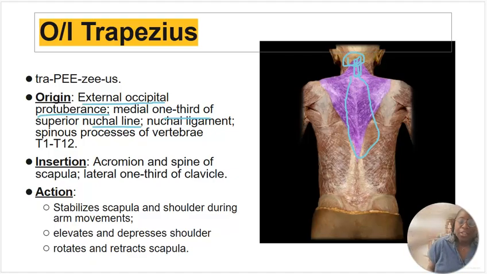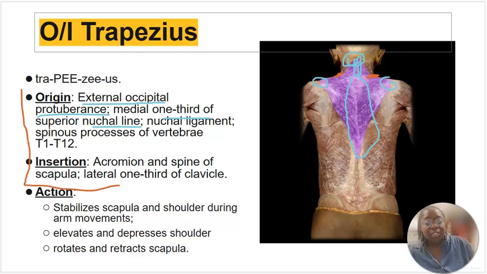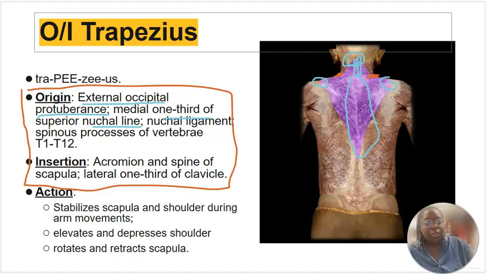And so the insertion is going to be the acromion and spine of scapula, going out this way, as well as the lateral third of the clavicle, which is seen on the anterior side, but just along this axis here. And so once again, we see a lot of origins and a lot of insertions. So, like I say, pick your flavor.